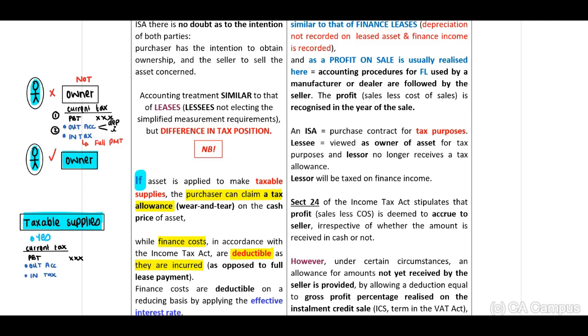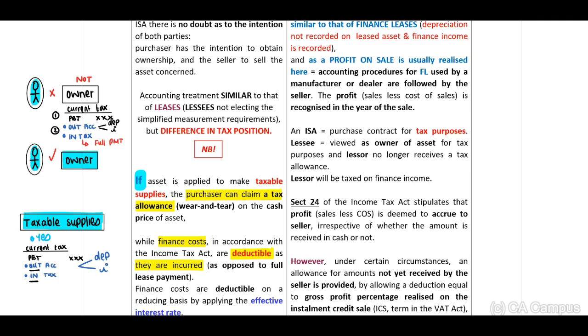Back to basics again, guys. Think about your current tax calculation. We need to take out our accounting rules and in with our tax rules. Now, in a normal lease transaction, no installment sale agreement, we have identified that our accounting rules will be our depreciation and our interest.